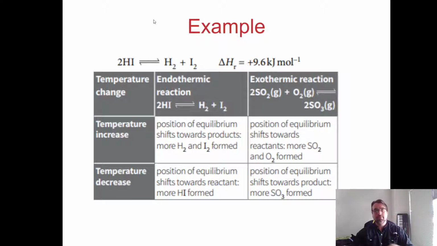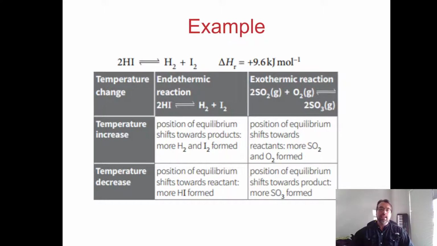Okay. So let's take a look at this reaction right here, which is HI, or hydrogen iodide, transforming to hydrogen gas and iodine. Notice that this forward reaction, going from 2 HI to hydrogen gas and iodine gas, is an endothermic reaction, which means that it takes in energy, all right?